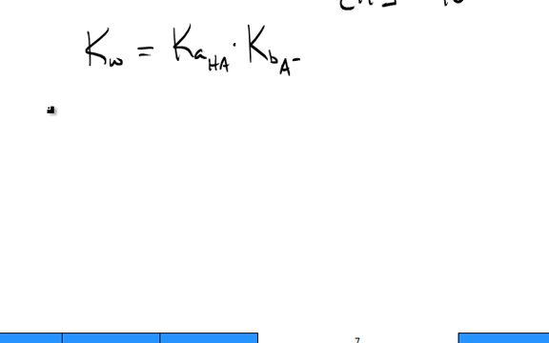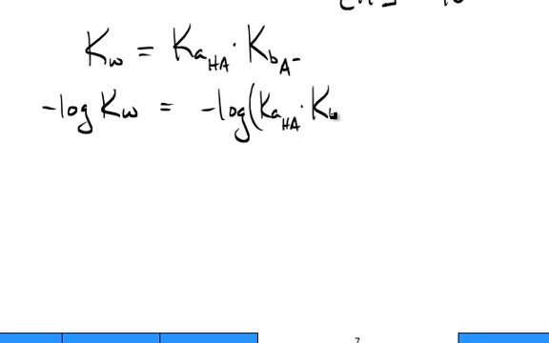So again, we take the negative log of both sides, Ka of the acid times Kb of its conjugate base, and we get pKw. Here I'm going to express that product as the sum of two separate logs. There's the sum, and the negative sign multiplies out. Kb of A minus.